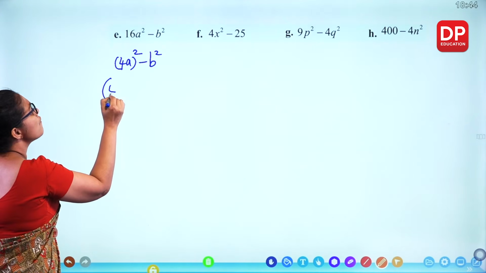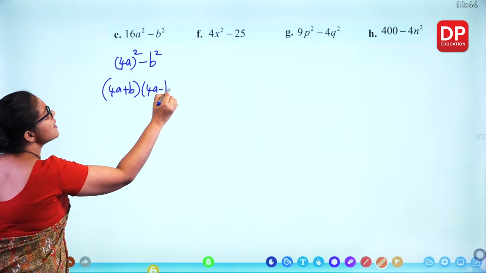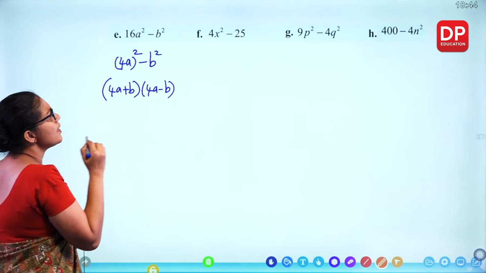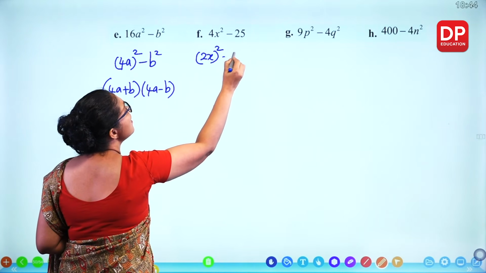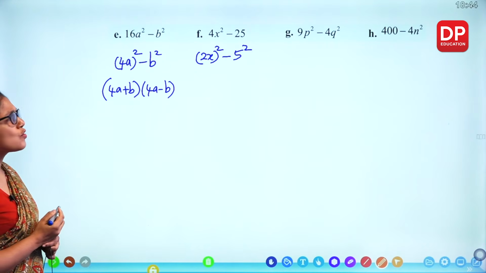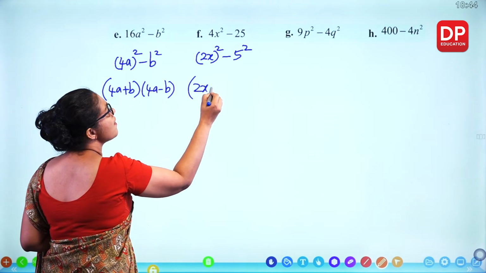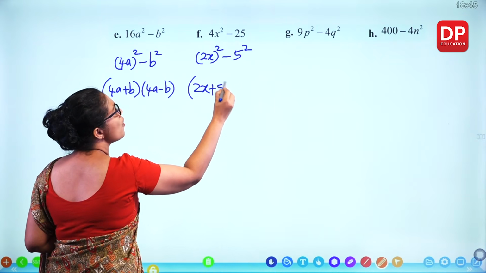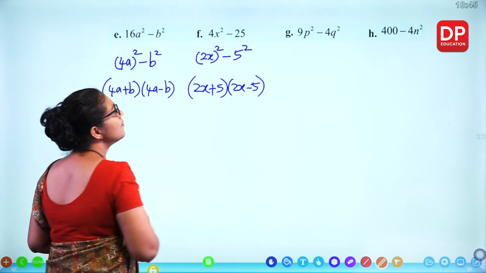I can write 4a plus b, 4a minus b. This one I can write 2x whole thing squared and 5 squared as 25. Now straight away write down the formula. 1 is positive, 1 is negative.